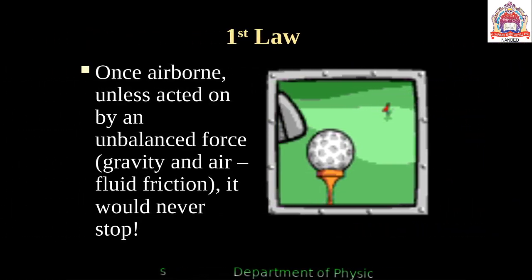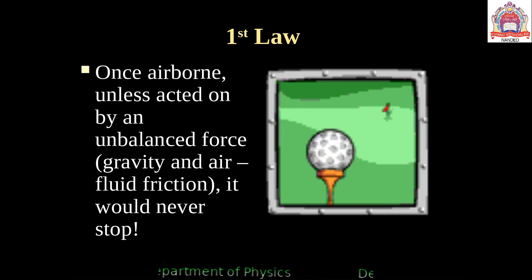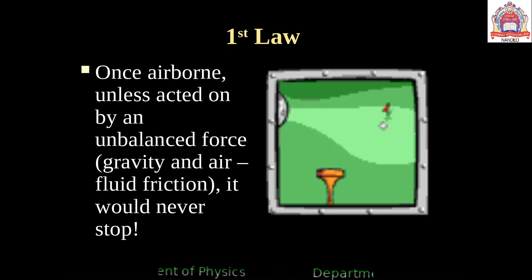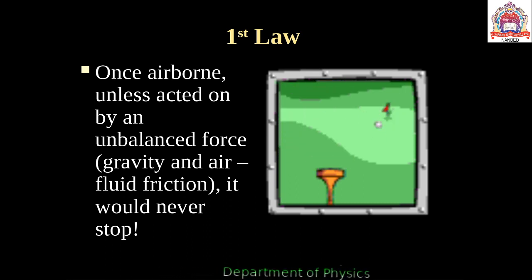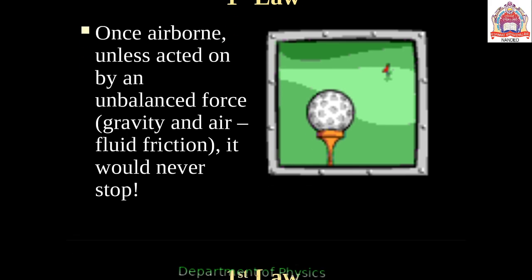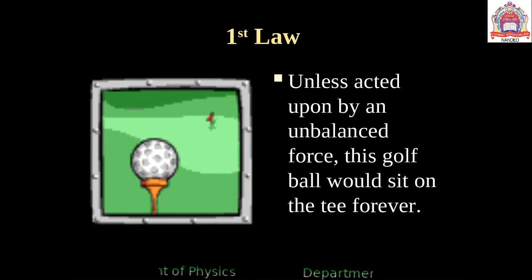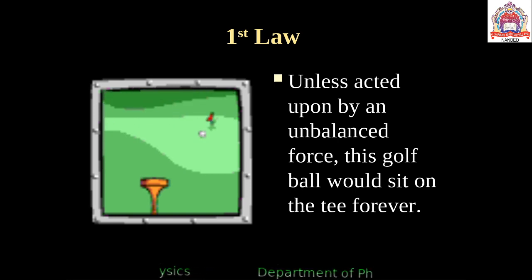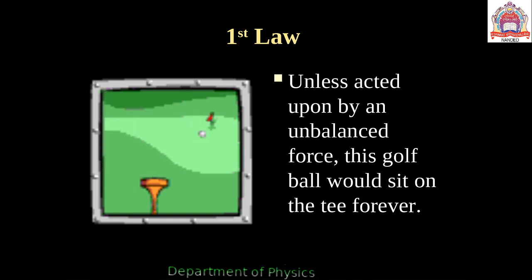So here is the example of an airborne object. Once airborne, unless acted on by an unbalanced force, the gravity and air fluid friction, it would never stop. Unless acted upon by an unbalanced force, this golf ball would sit on the tee forever.